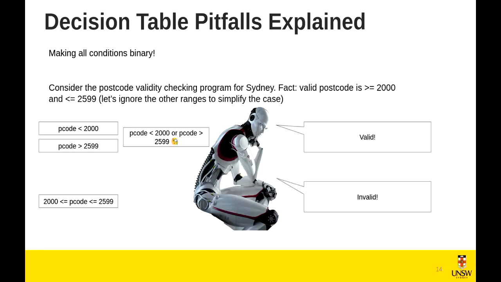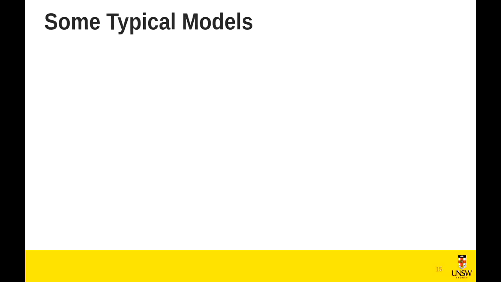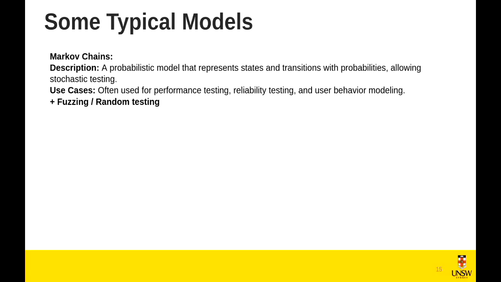And let's continue. Just now, all the models could be derived from requirements, and there's another quite important model that could be derived from source code, called a Markov chain.